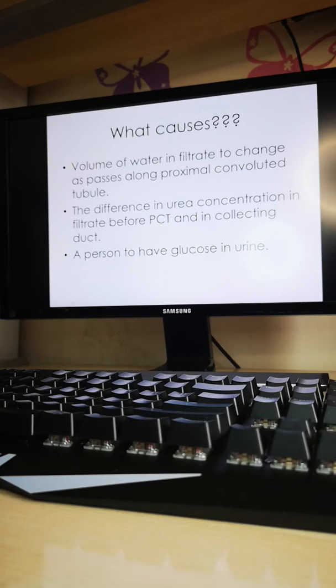So a large volume of water would be reabsorbed, if you like, following the solutes. As the solutes lower the water potential, as they move, water will follow by osmosis.